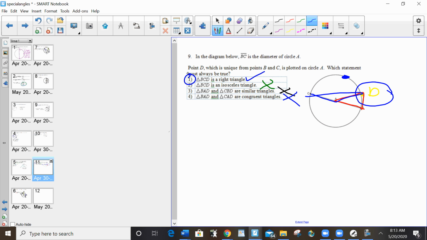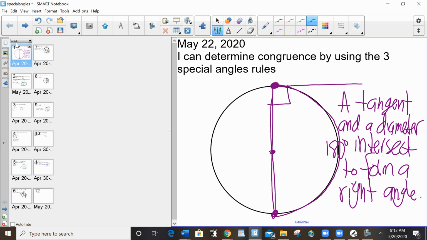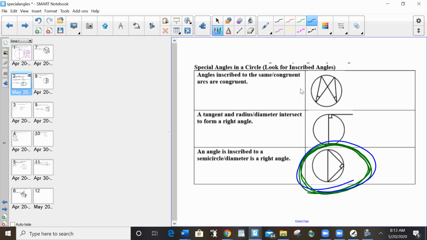So, listen, this is not the easiest of lessons. I'm not going to claim that it's the easiest of lessons at all. But it's not super challenging. You have to just understand these 3 rules. They all have to do with inscribed angles on the circle.